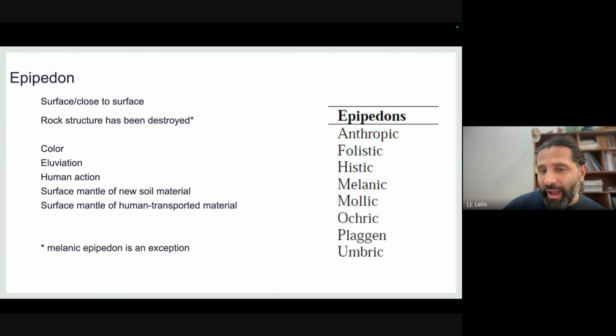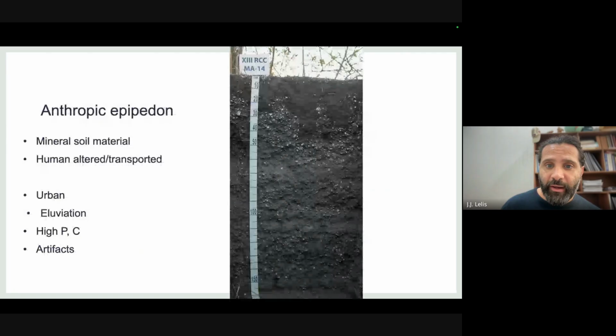And here we have all the A horizon patterns that we have according to Soil Taxonomy: the anthropic, folistic, histic, melanic, mollic, ochric, plaggen, and umbric. Okay, let's start with the anthropic pattern. The anthropic pattern is quite easy to identify because it's a mineral soil material.